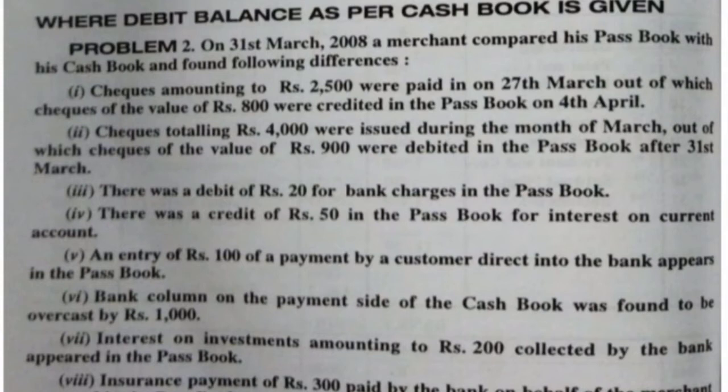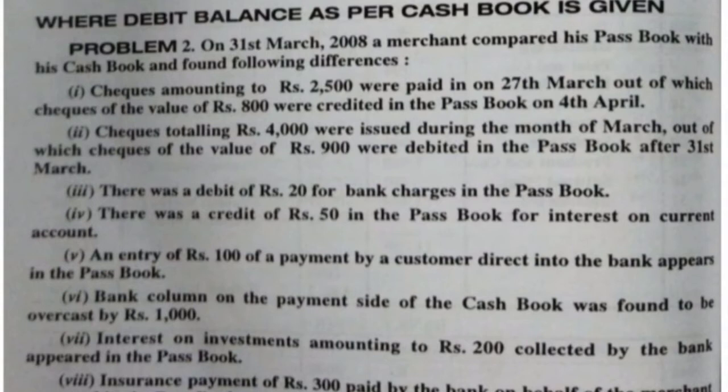It is increasing by rupees 100. See the payment by a customer. We need to understand the customer from the point of Bunty, not from the point of the bank. Bunty's customer went to the bank and deposited an amount of rupees 100 into his account.